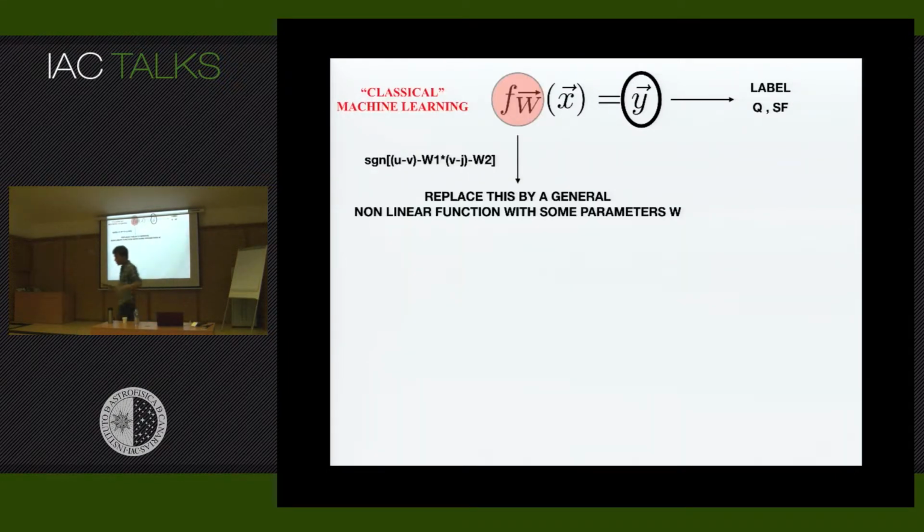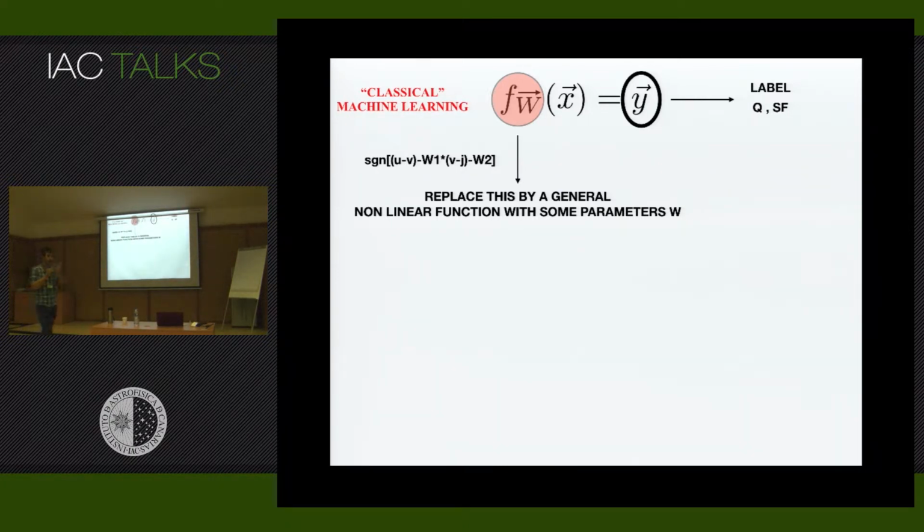So machine learning is about losing control of things. Classical machine learning loses a level of control, and deep learning goes a bit deeper, and you lose more control of what you're doing. So basically, if you approach this problem with classical machine learning, you will replace this by a general nonlinear function.